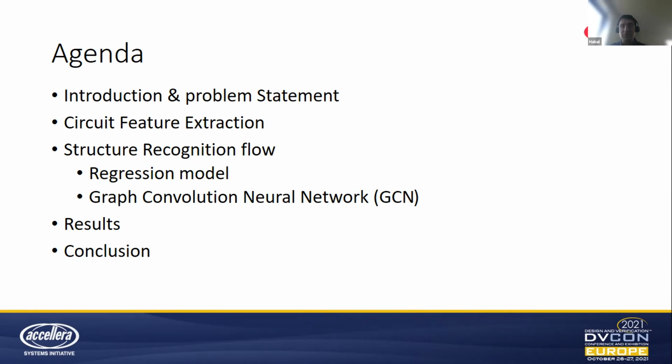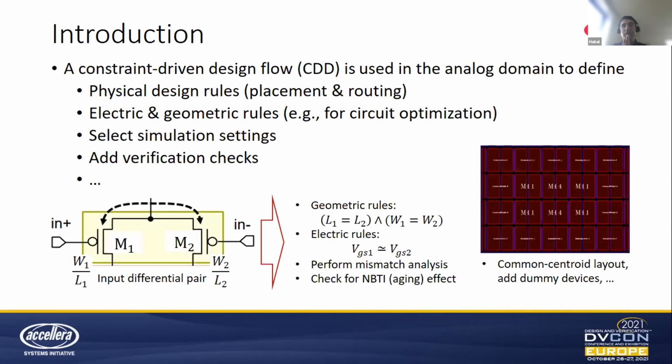And in this, I will focus on two main steps, which are our regression model and the graph convolutional neural network. And I will finish with some results and the conclusion. So at our company, at Infineon, we use a constraint-driven analog design flow.